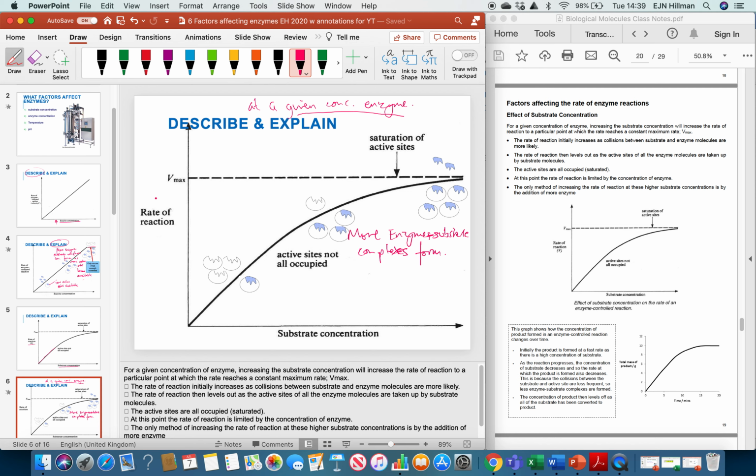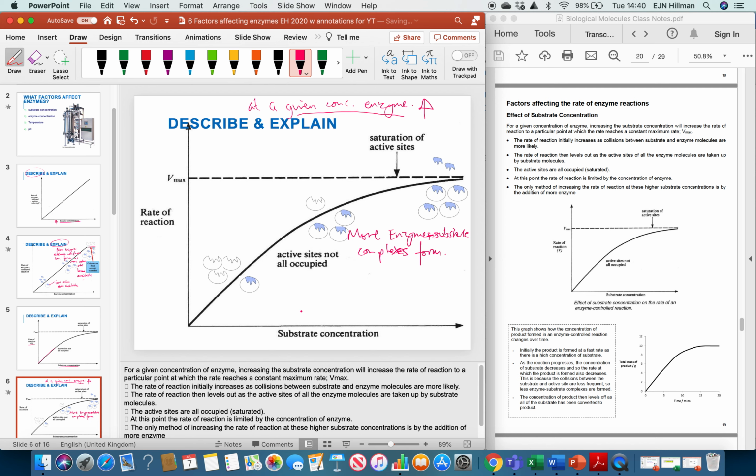Okay, so the rate of the reaction remains high, but it no longer increases. The only method for increasing the rate of reaction at these higher substrate concentrations would be to increase the concentration of the substrates.